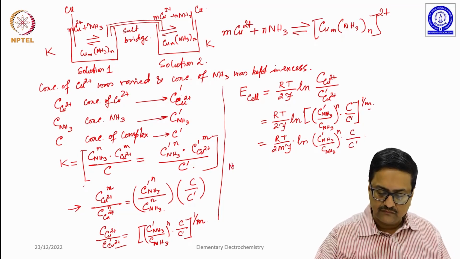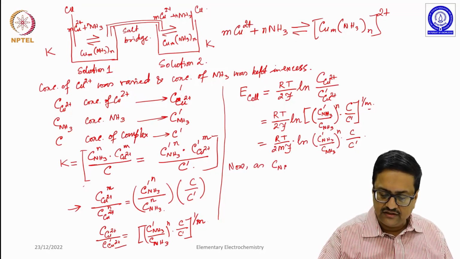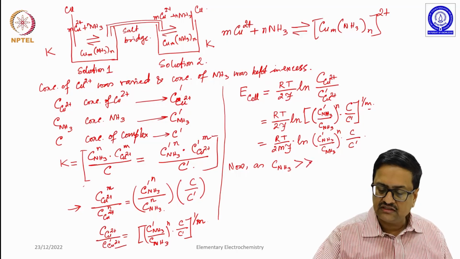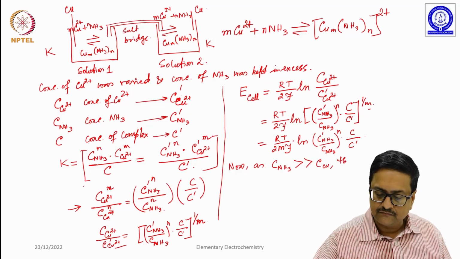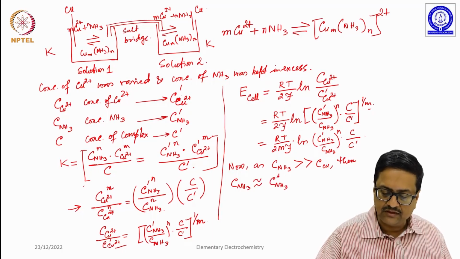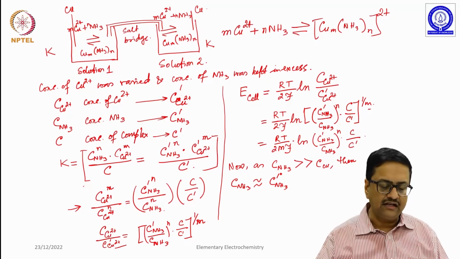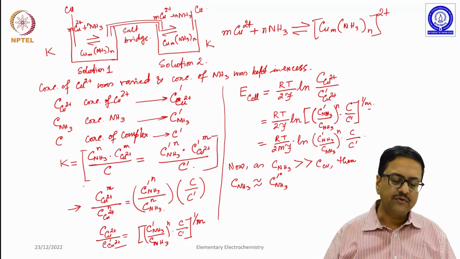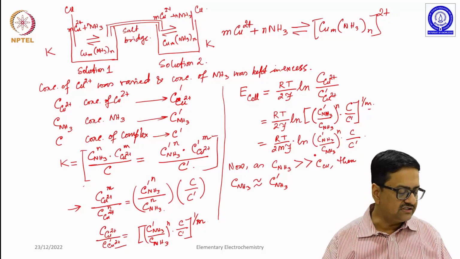Now, as C NH3 is much greater than C Cu, C NH3 can be considered to be equal to C NH3 prime, because in both sides we have a very large excess of ammonia, and that excess is so large compared to the corresponding copper 2+ ion concentration, they can be considered to be the same.